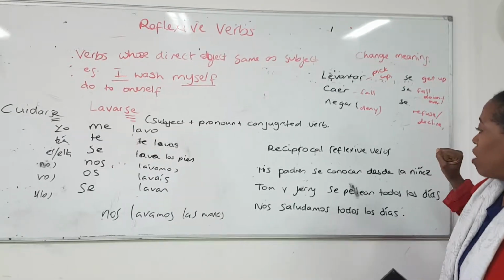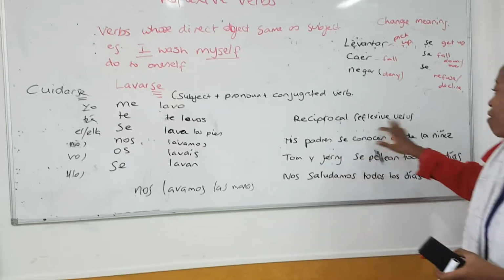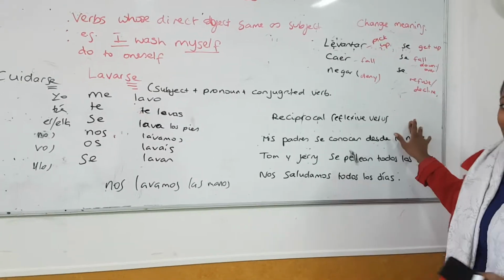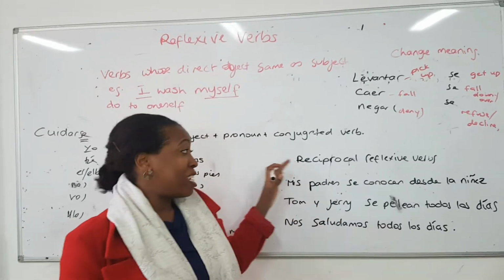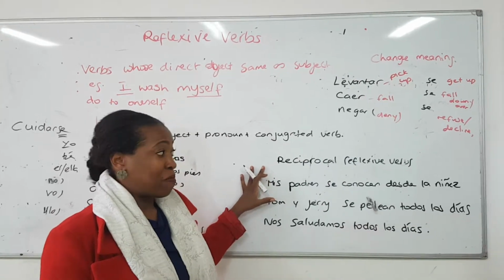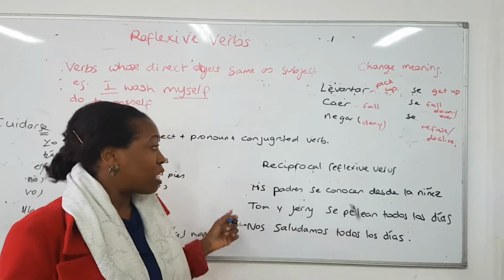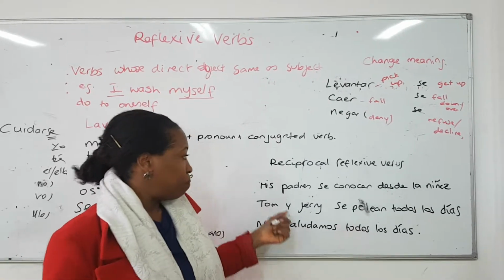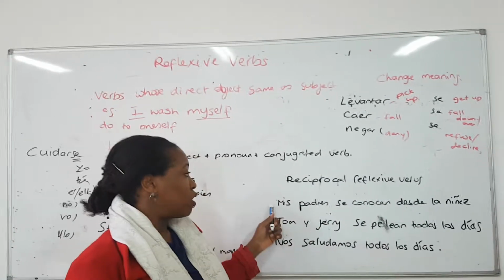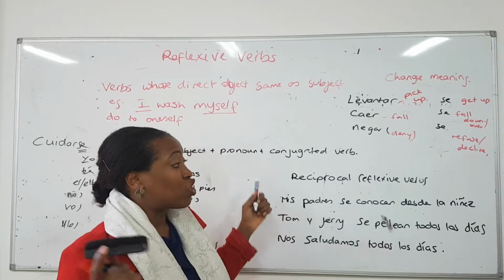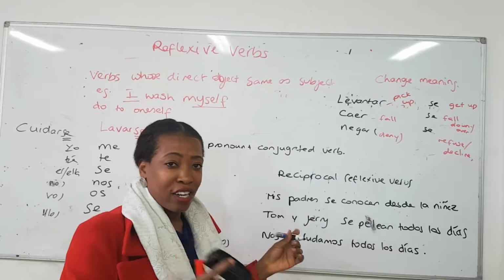I would like to have a little look at what we call the reciprocal reflexive verb. As it says in the name, it's in a plural form, and you do it to each other. For example, you take a verb like conocer, conocerse, and it shows that you're talking about two people who are receiving the action mutually.